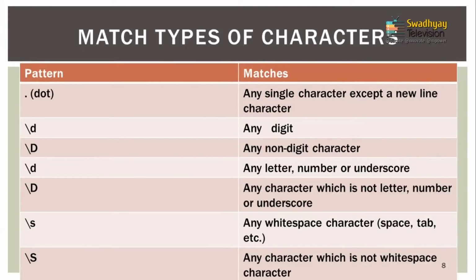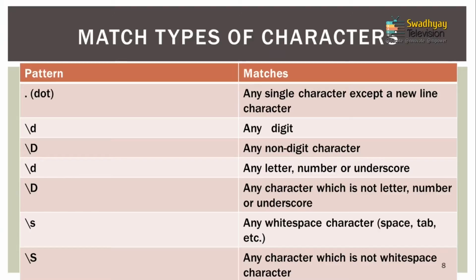Now, whatever types of characters are available in your pattern, you can use dot, which matches any single character except a new line character. Dot is for any single character only. \d is for any digit, meaning 0, 1, 2, 3, 4, 5, 6, 7, 8, 9, but any one digit.